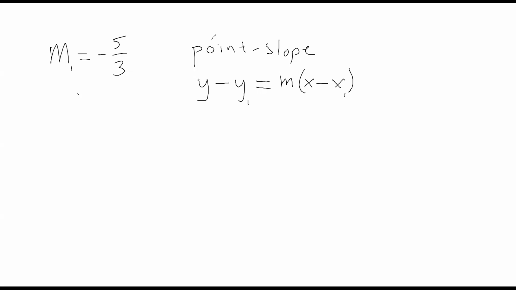You could manipulate that equation by dividing both sides by x minus x sub 1, and you'd have y minus y sub 1 divided by x minus x sub 1 is equal to m, which is really just the slope equation. The difference of the y values divided by the difference of the x values is equal to the slope.